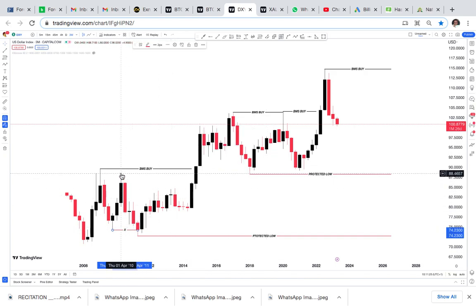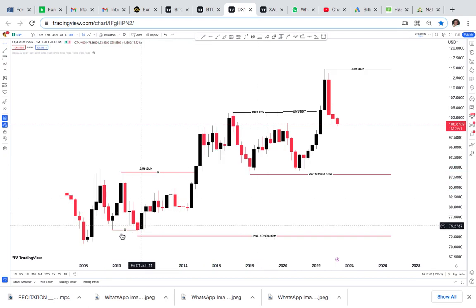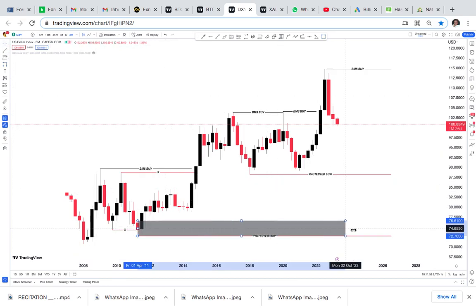Then this high refused to break this high, so this high is also a liquidity, which was later broken here. So I liquidate it also. So this low becomes my point of interest if I'm going to be buying, but market didn't come back to this low.